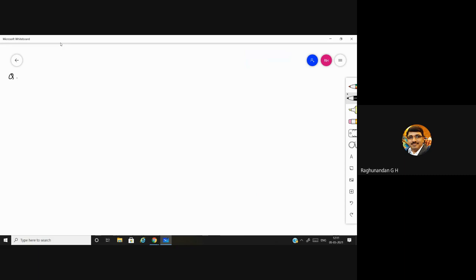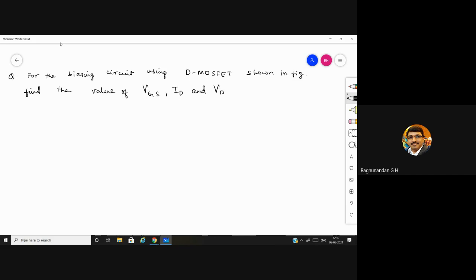So first question: for the biasing circuit using D MOSFET, shown in figure, find the value of VGS, ID and VDS.